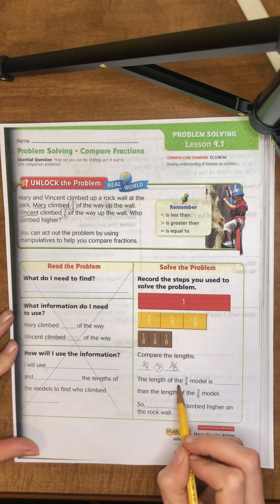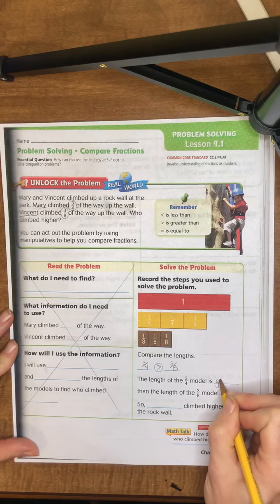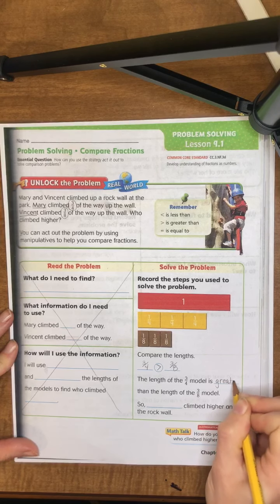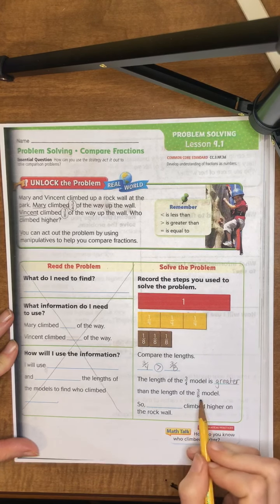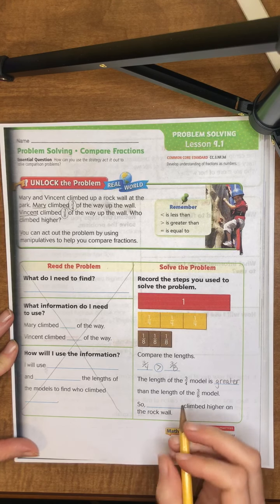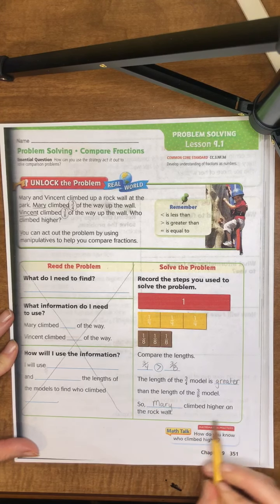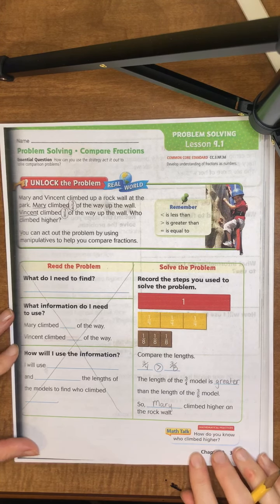The length of the 3/4 model is greater than the length of the 3/8 model. So Mary climbed higher on the rock wall.